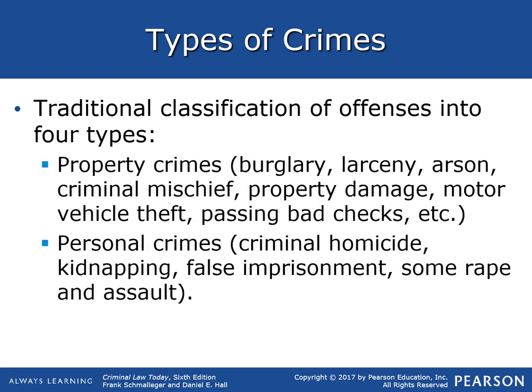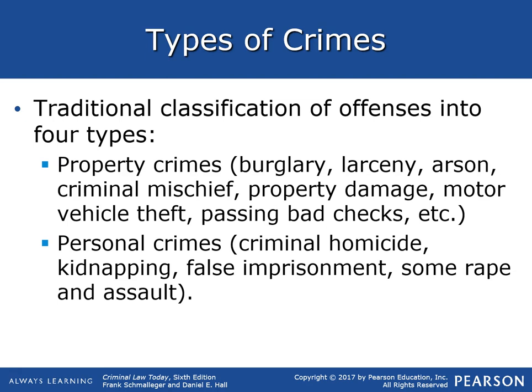So how do we classify crimes now that we kind of have the definition, or we know what crimes are? Well, there are many other distinctions that can be drawn between types of crimes, but we definitely need to talk about the traditional classifications of offenses.